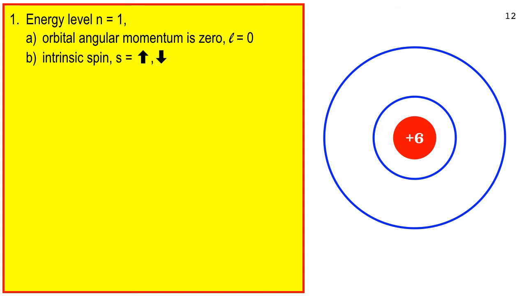There's two flavors of electrons, and that's all that's allowed in n equals 1. So the total population for the n equals 1 level, and this applies to any atom, is 2 electrons only: a spin up electron and a spin down electron. And that's it.